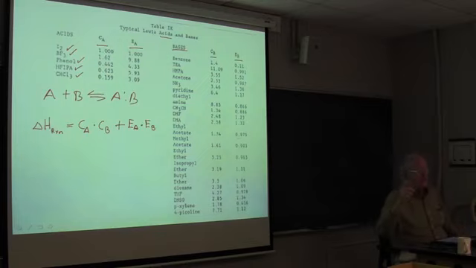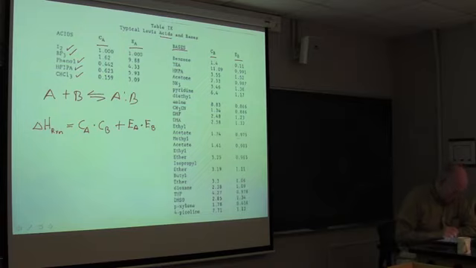And you need two kinds of parameters to define the basicity of a Lewis base. If we drop either the CA or the EA or the CB or the EB, you can't correlate the heats of reaction anymore. It doesn't work. It's not the same as Bronsted at all. There's two different processes involved.